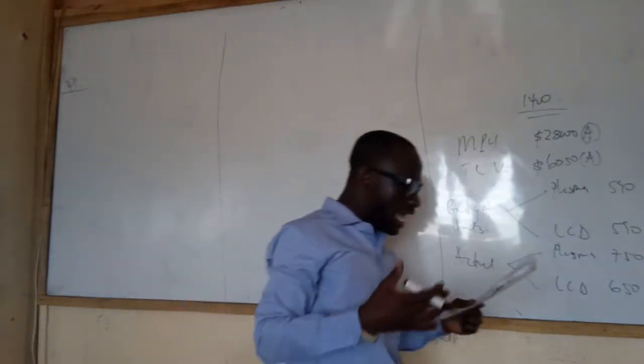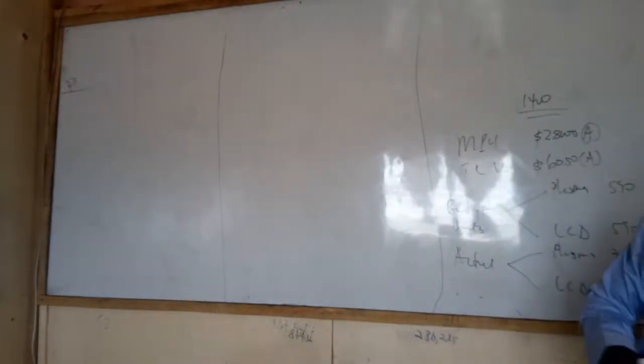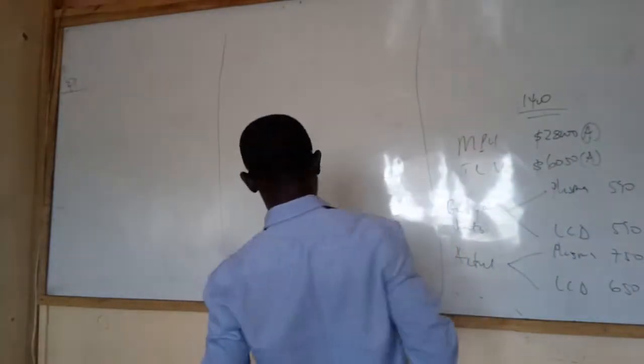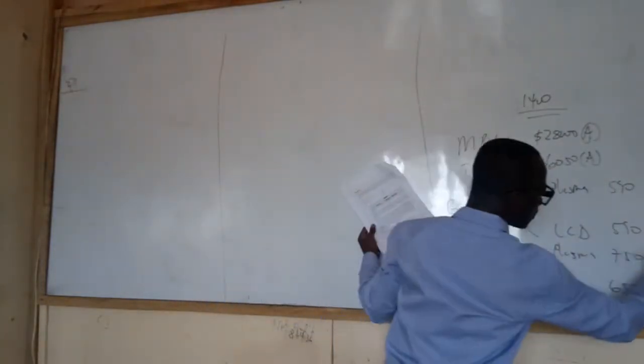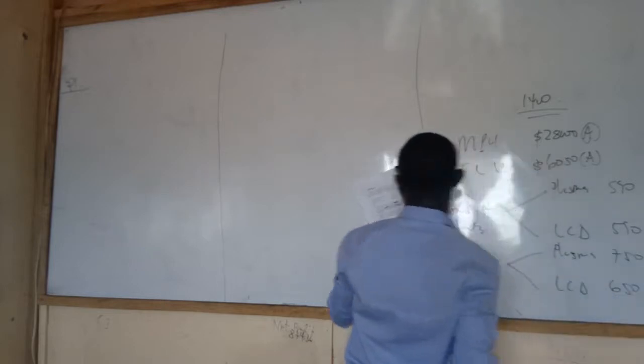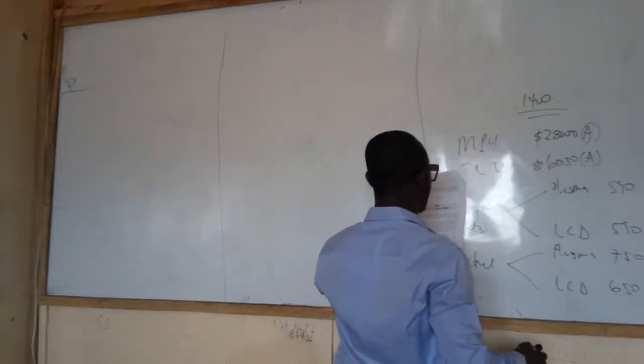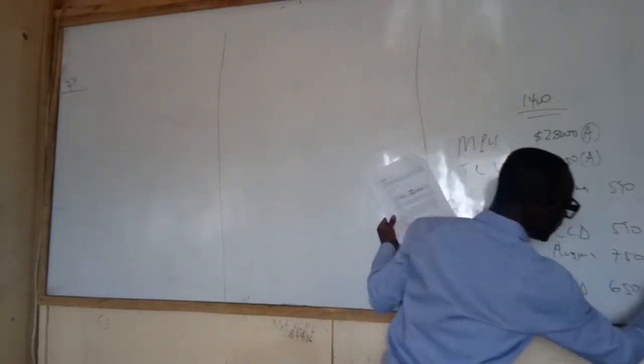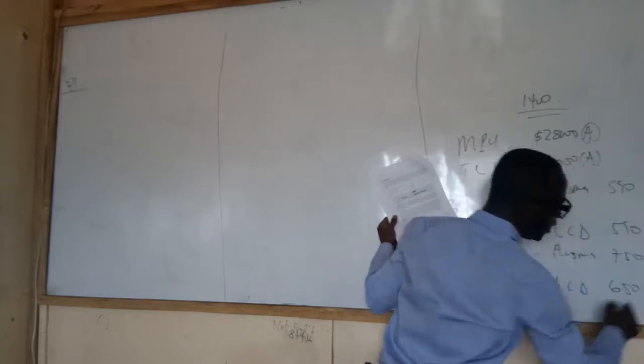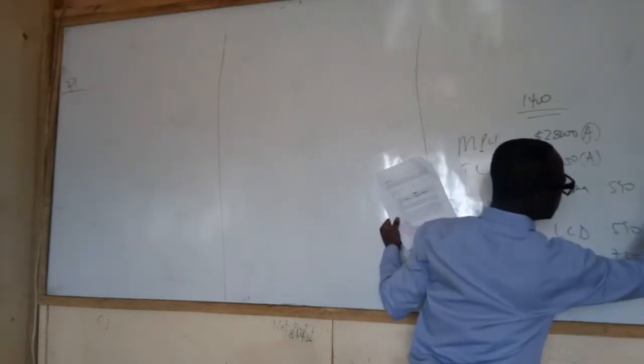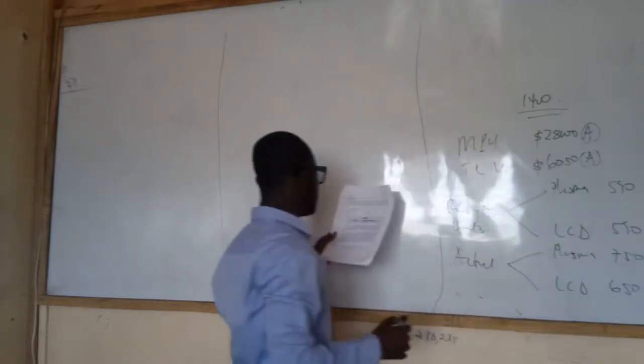Then we are told that the actual selling prices during November were 330 per unit for plasma, and 290 for the LCD.